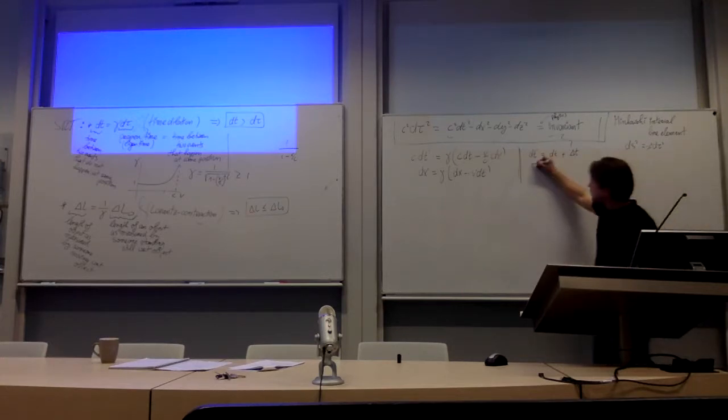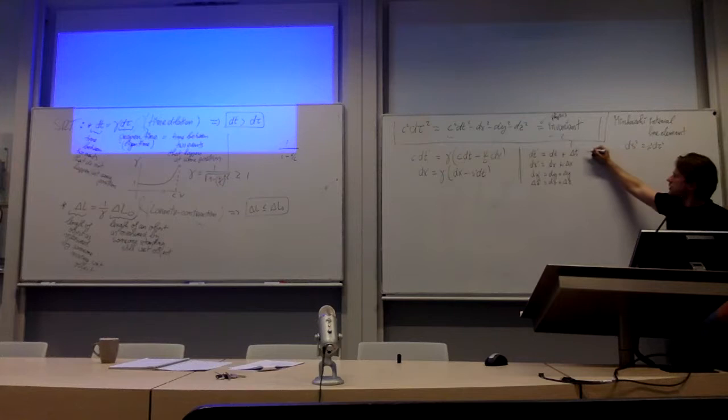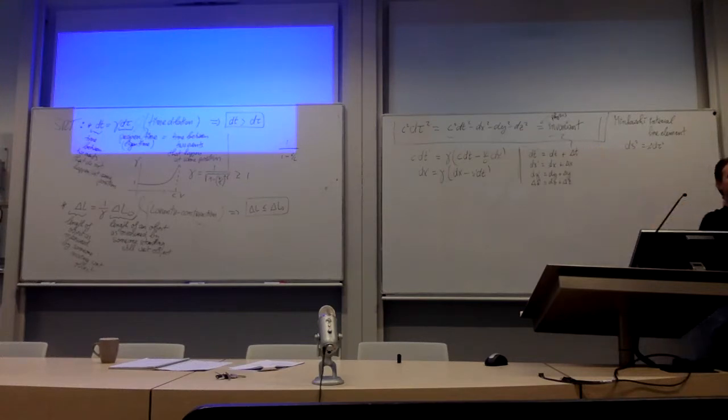While you think about this, let me also write this down for the other coordinates, where all the deltas here are constants. How are they constant? Sorry? How is, for example, delta t constant? Oh, that's simple.